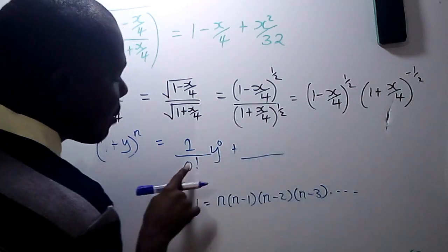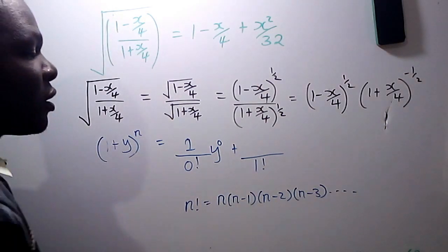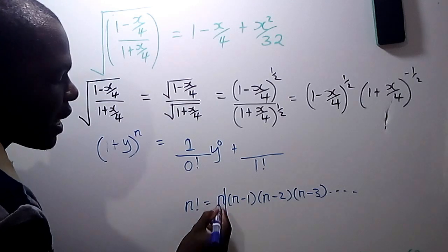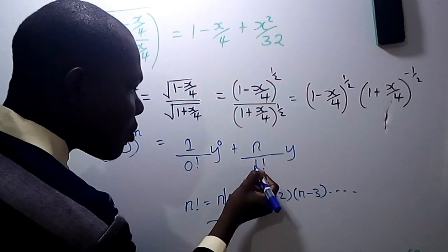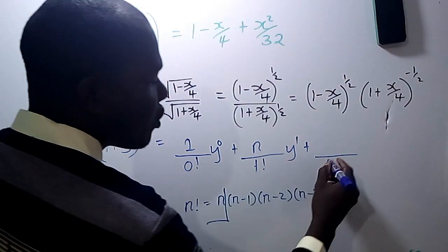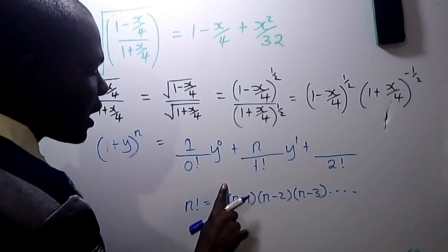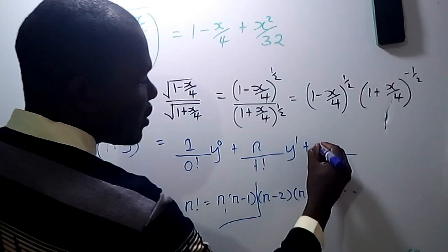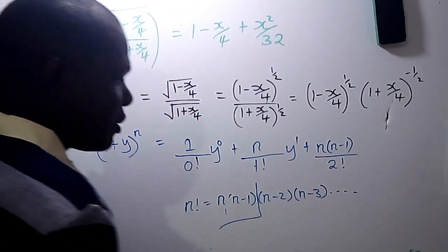Then plus the second term after 0 factorial, we have 1 factorial. So 1 factorial implies there is 1 term in the numerator, and that is n. Then your y is raised to power 1. Then plus 2 factorial means there are 2 terms in the numerator, which will be 1, 2. So that is n into n minus 1.